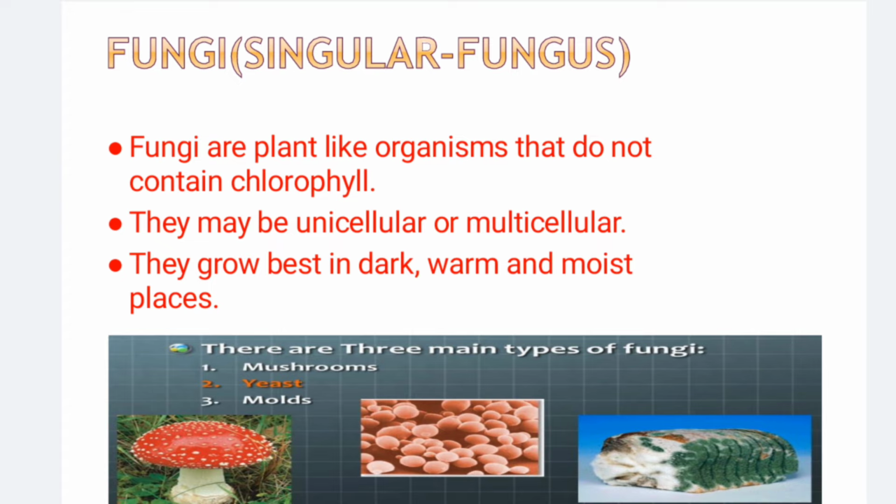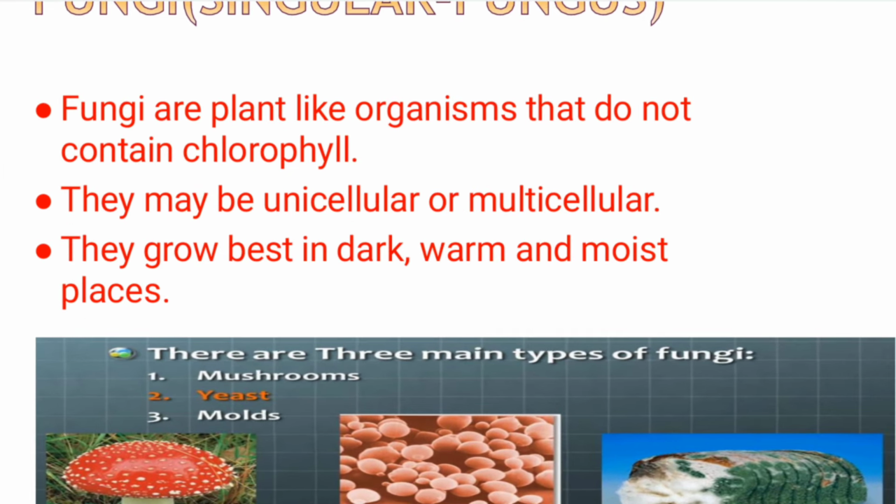They may be unicellular or multicellular. They may have a one-cell body or they may contain many cells, as in fungal hyphae. And they grow best in dark, warm and moist places, places full of moisture and having some warmth.